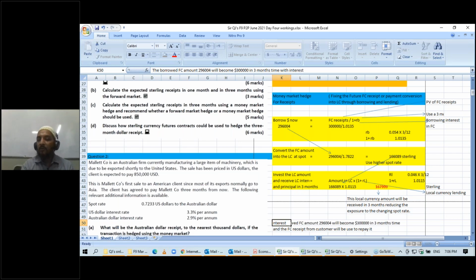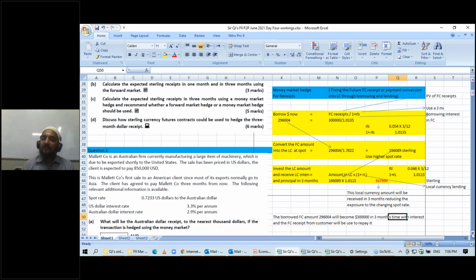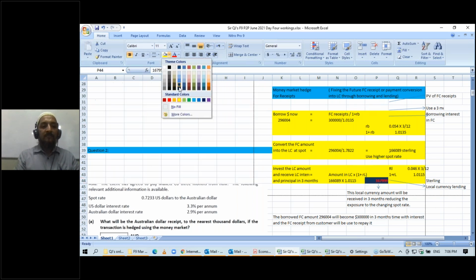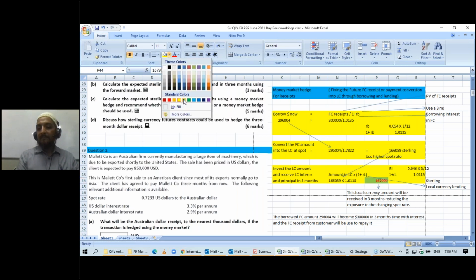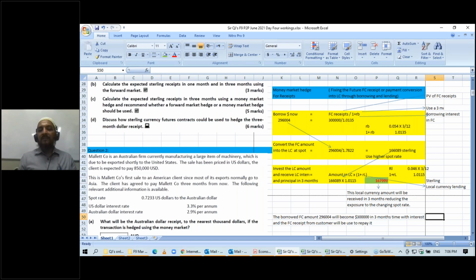And you will pay it using the foreign currency amount, so no effect. So on the one hand, you will be paying the foreign currency amount using that 3 lakh, and you will be receiving the local currency amount 167,999. So that's your answer, which appears in red and green shade. So that's the strategy for your money market hedge for receipts.